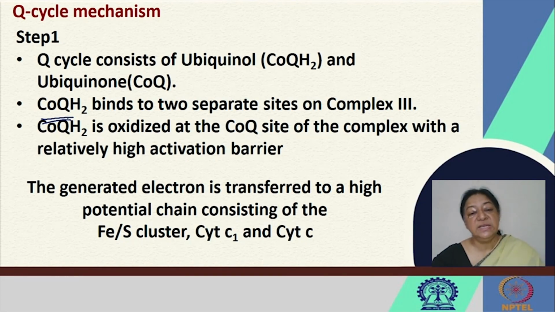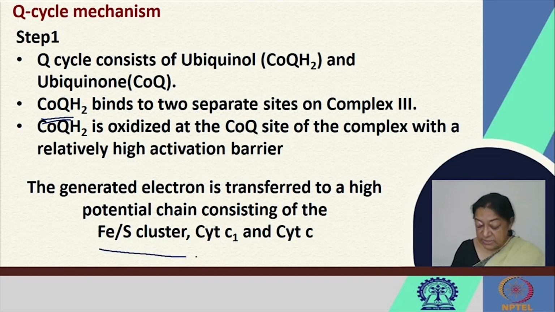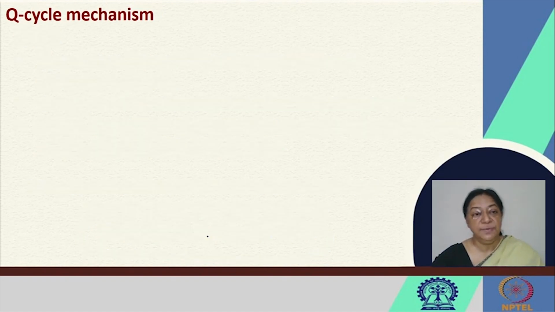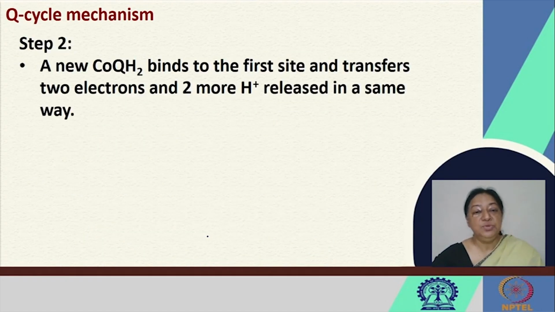The generated electron is then transferred to a high potential chain that consists of the iron sulfur cluster and the two cytochromes involved. And in step 2, we have a new CoQH2 bind to the first site and transfer 2 electrons, and 2 more protons are released in a similar fashion.